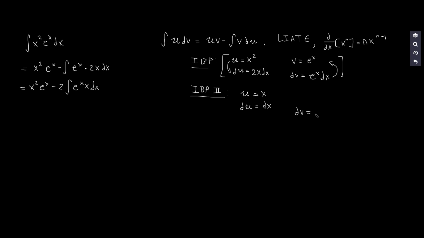Got ahead of myself again. dv, well, we're going to assign dv to be e raised to the power of x because just like we said, the algebraic term x has precedence over the exponential. So v equals the integral of e raised to the power of x, just e raised to the power of x. So that's going to be the setup for the integration by parts, part 2.